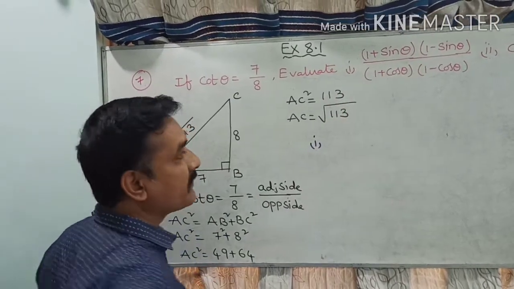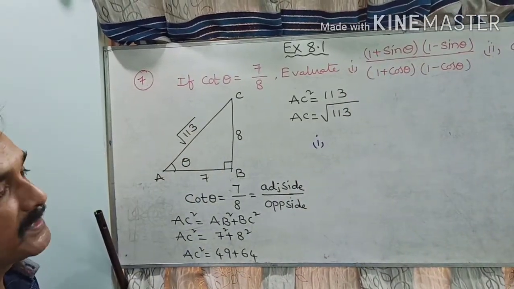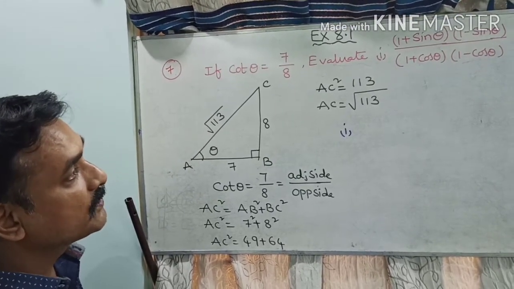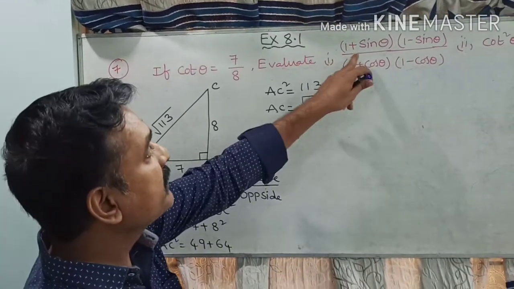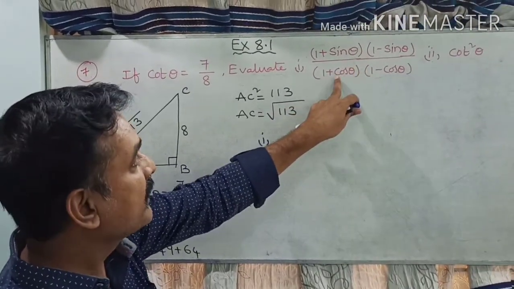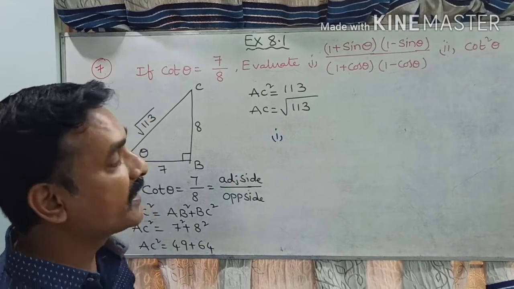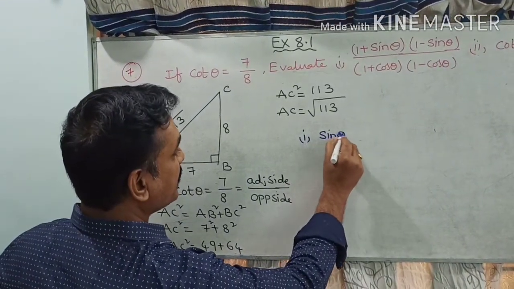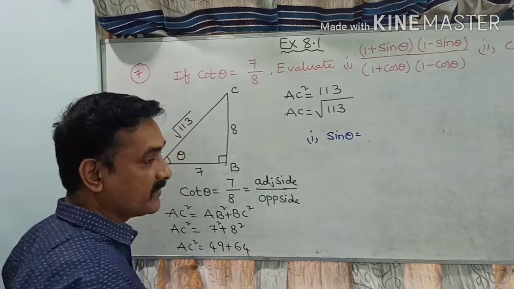They asked to find the value of (1 plus sin theta)(1 minus sin theta) by (1 plus cos theta)(1 minus cos theta). So identify the trigonometric ratios. In the numerator we have sin theta and in the denominator we have cos theta. First, sin theta equals opposite side by hypotenuse, as we have learned before.